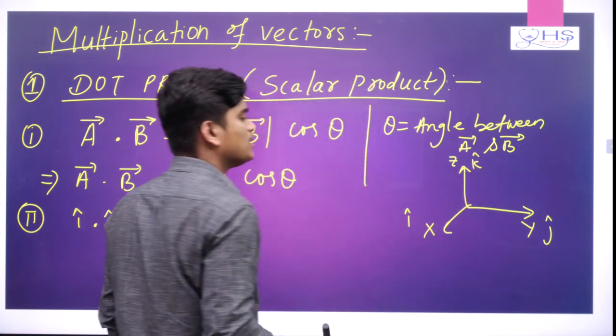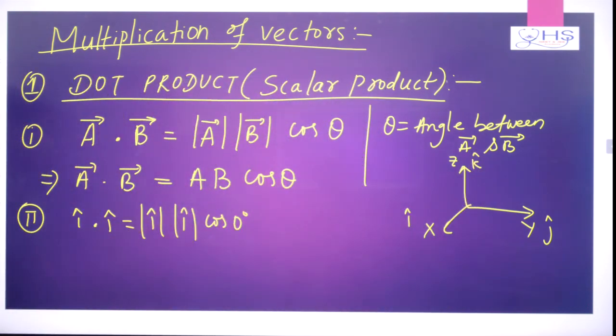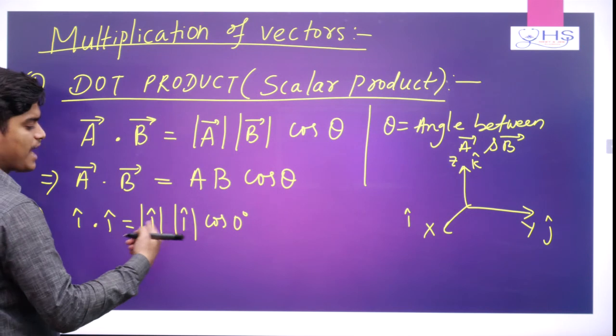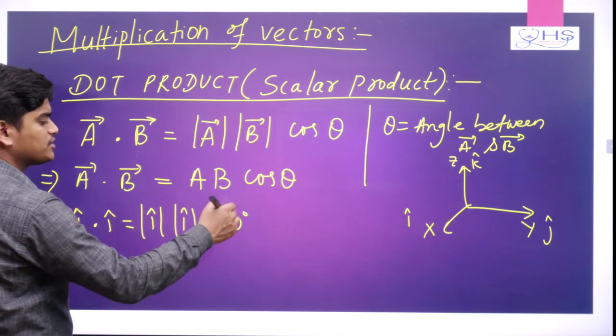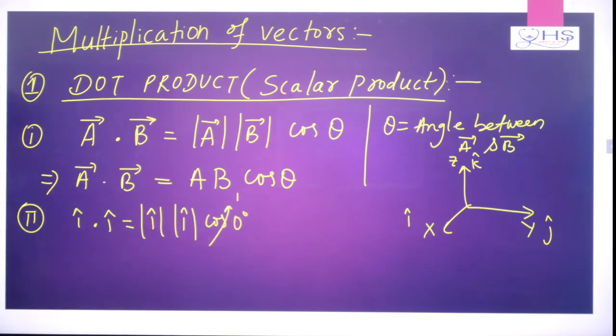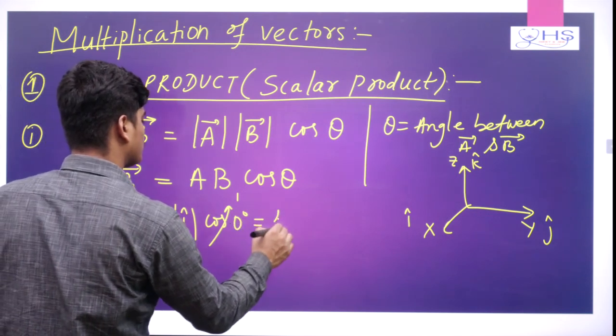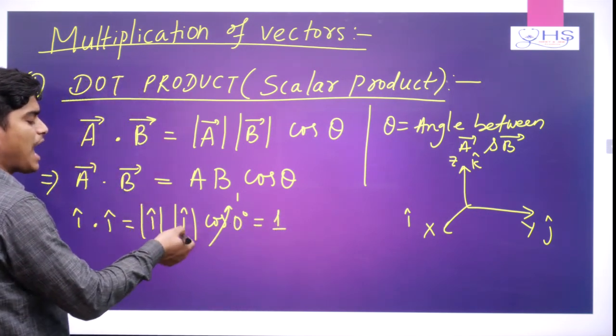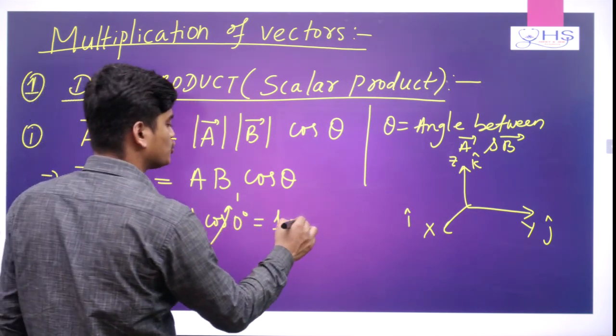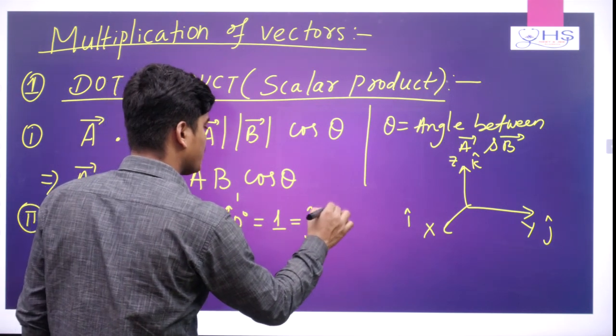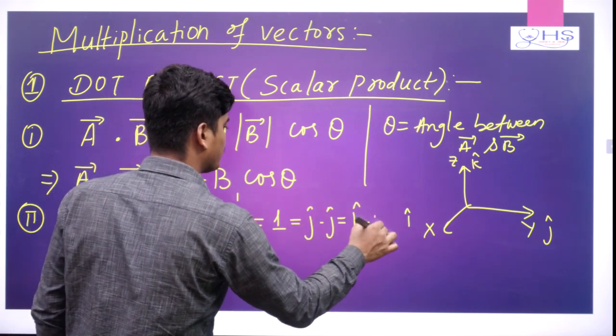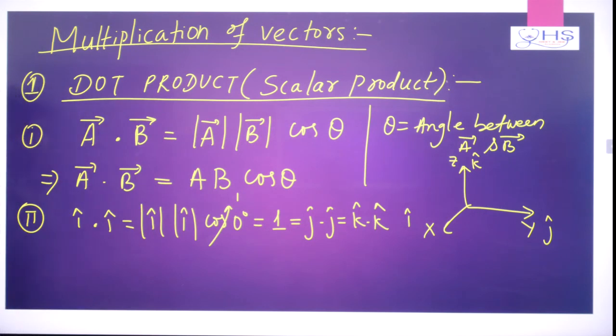Then between i and i, the angle is how much? 0, same vector, angle 0. So cos 0 is 1. Because i vector magnitude is 1 and i vector magnitude is also 1, it becomes 1. Similarly j dot j and k dot k all become 1. i dot i, j dot j, k dot k become 1.